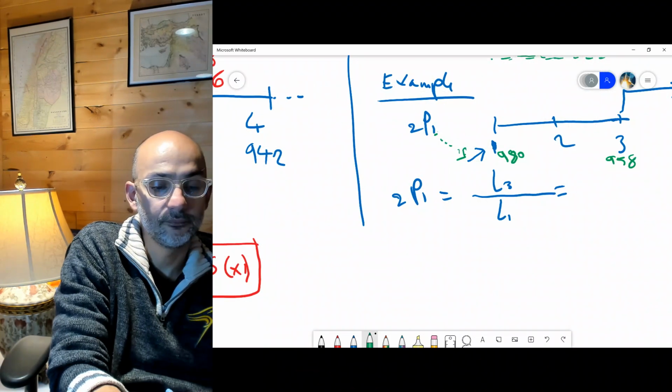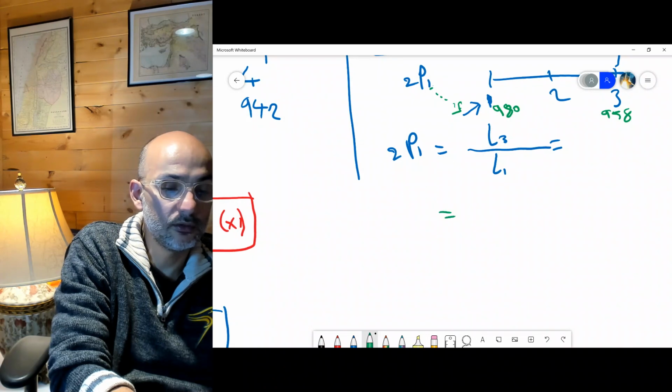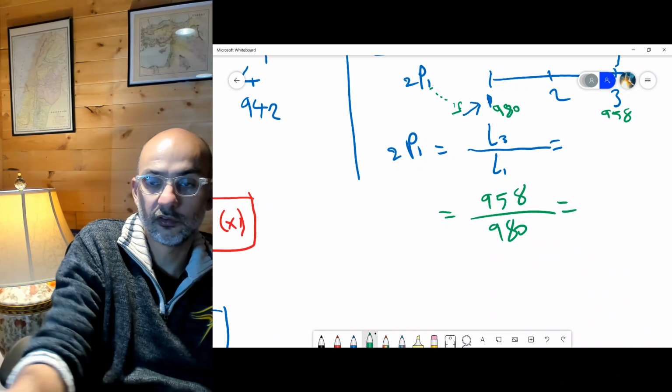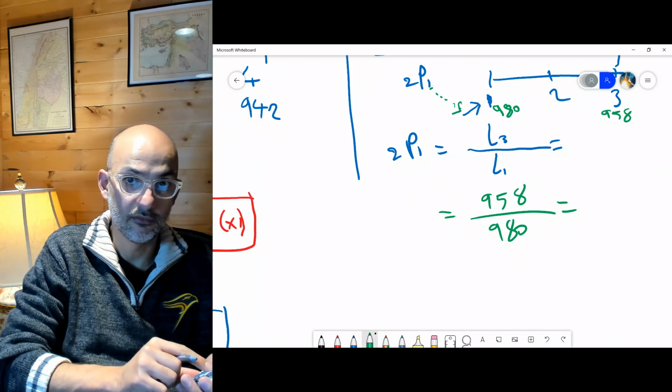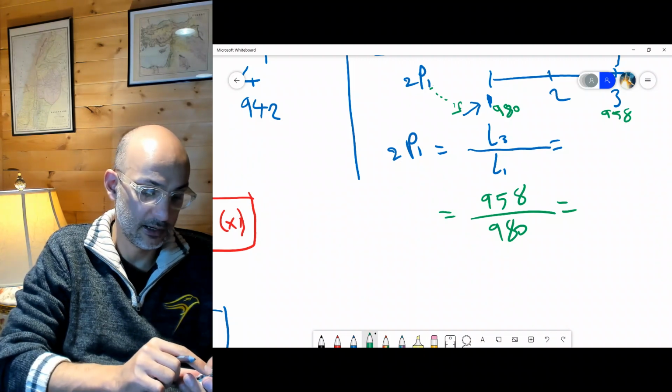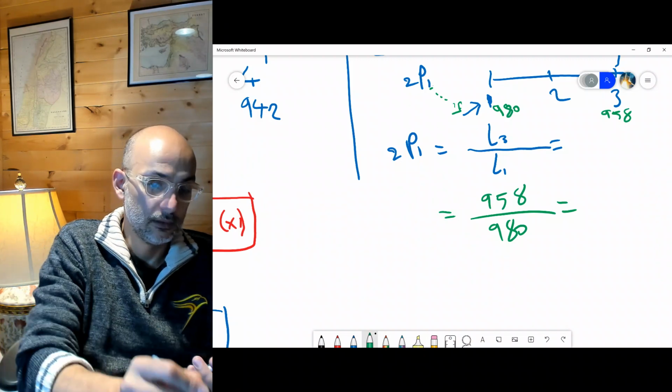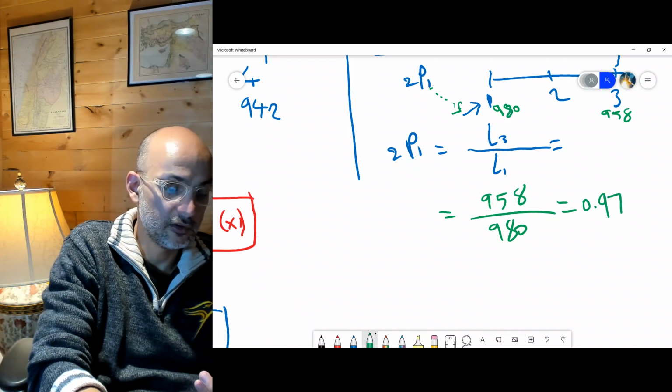So 2P1 will be 958 divided by 980. If you use the calculator, I got 0.97755.